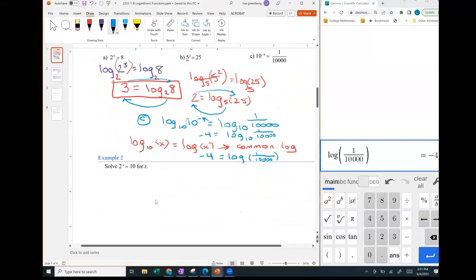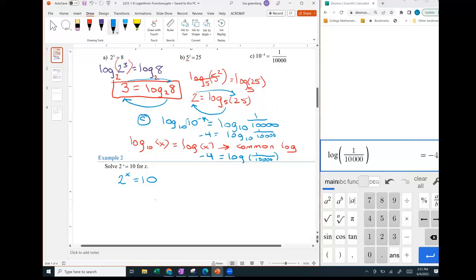For this one, we want to solve 2 to the x is equal to 10. Well, it's very difficult to solve. I don't know what to put in my calculator for this, right? I can't divide both sides by 2. I can't do anything, except I can take my inverse function.